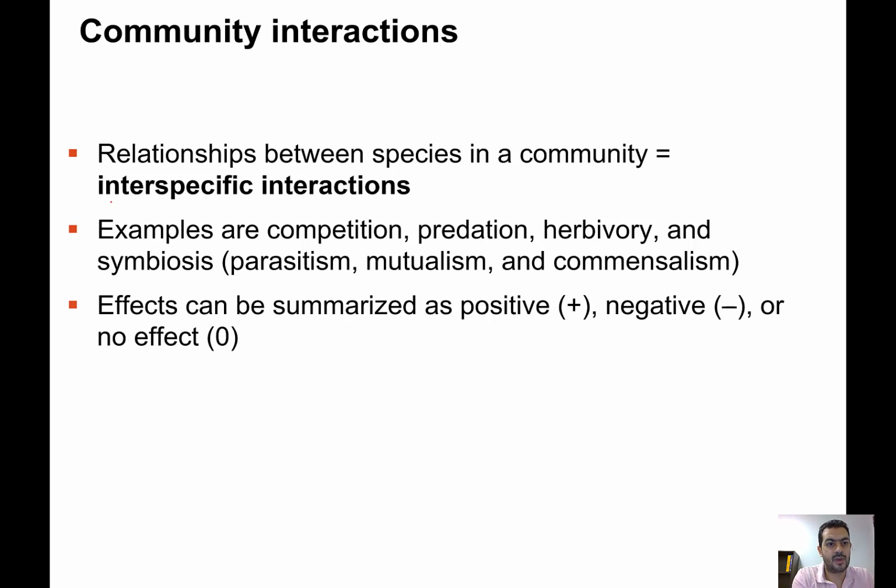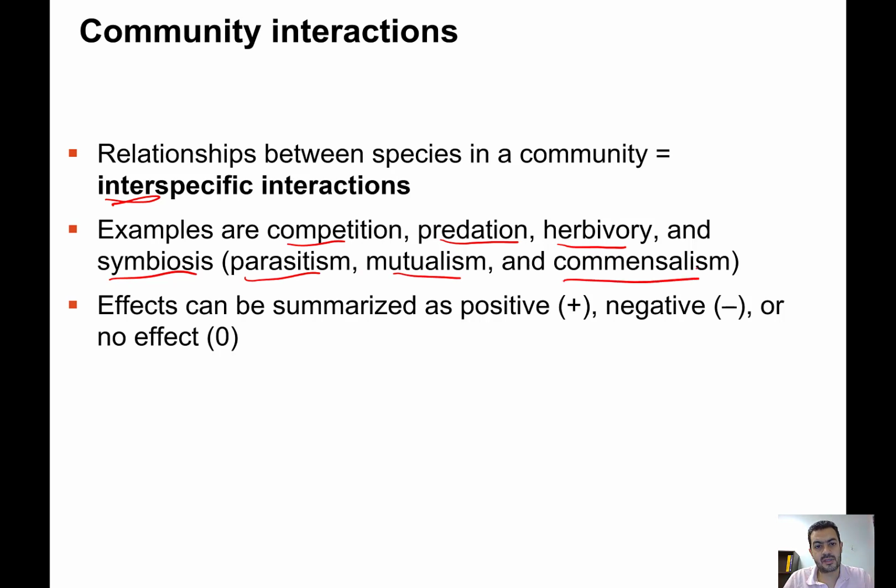That's why we call them inter-specific interactions, and it could be competition, predation, herbivory, and symbiosis, which can be subdivided into parasitism, mutualism, and commensalism.